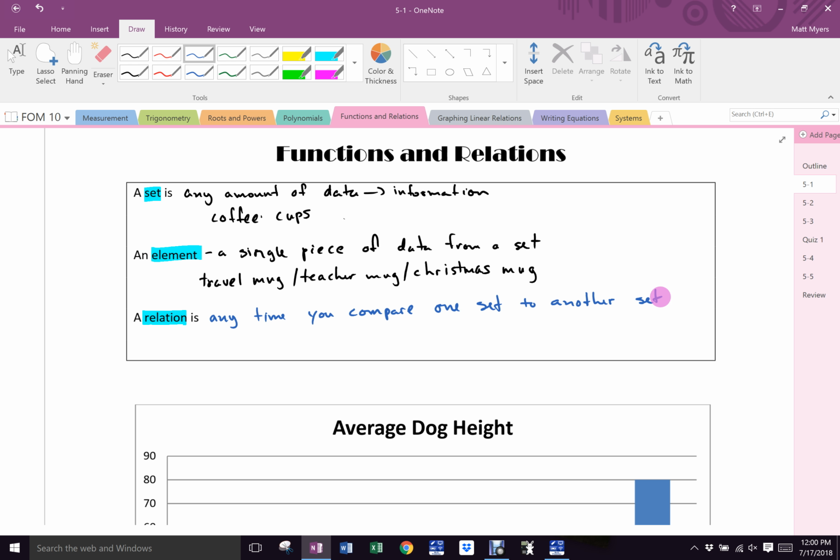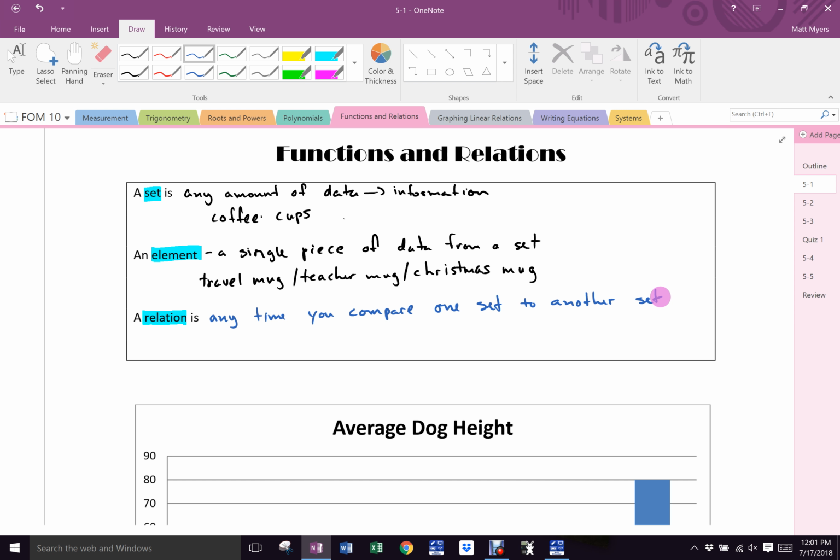Do you think I could get another cup into that hand? Do you think I could? Let's see. How many sets? 2. What are the sets?